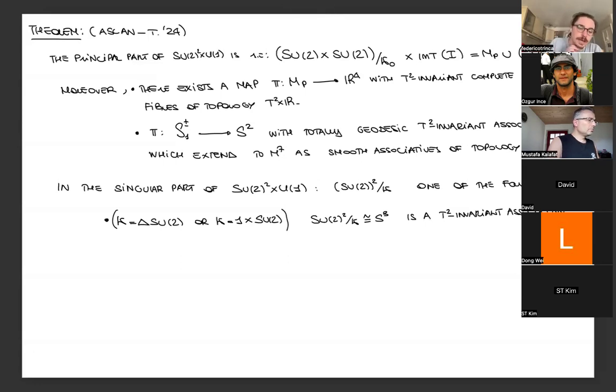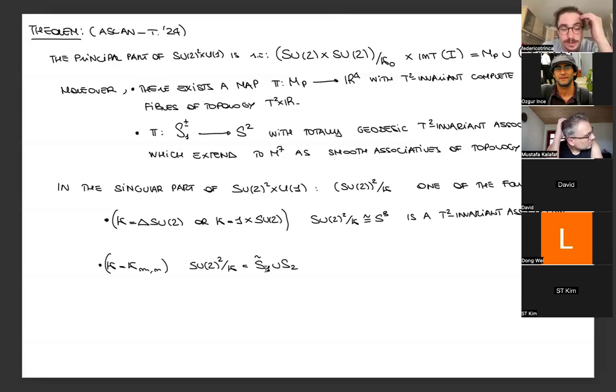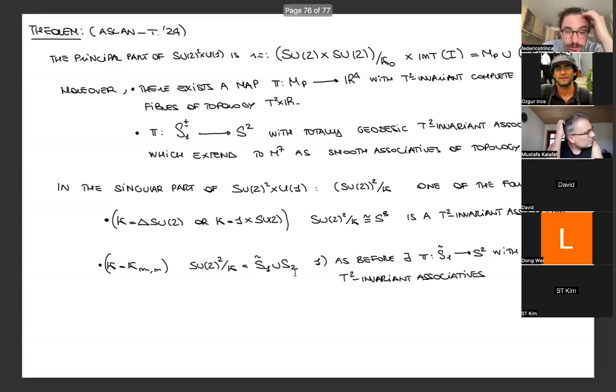Finally, on the singular part of my SU2 squared times U1 action, then if kappa is diffeomorphic to SU2 essentially, then this SU2 squared over kappa is a three-dimensional sphere and is a T2-invariant associative, while if kappa is equal to kappa Mn, then I have one singular part with one-dimensional kernel and a singular part with two-dimensional kernel.